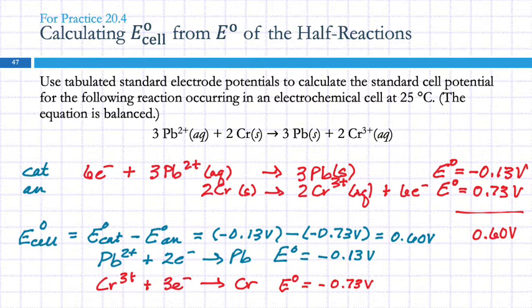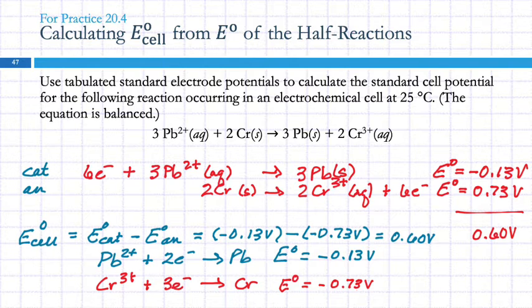That seems a lot easier to me. I don't really have to think about which is the cathode, which is the anode, which is oxidation, which is reduction. Which one of these matches the thing in the table? Keep the sign. The one that has the electrons on the wrong side, you change the sign on this and then you add them together. So that's the way I'll be talking about this.